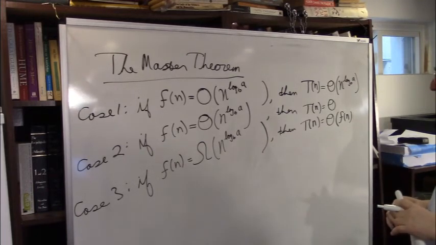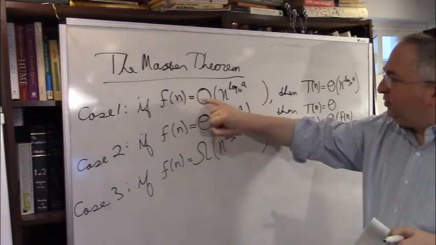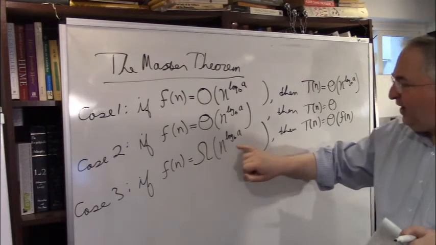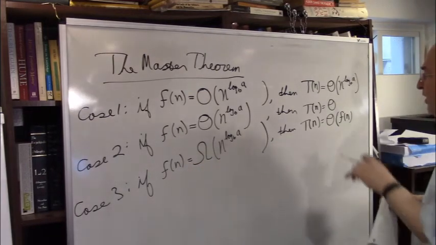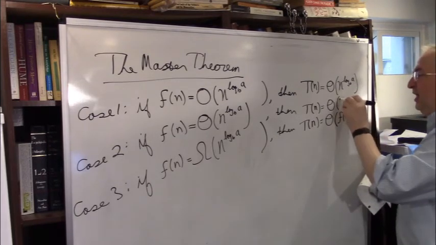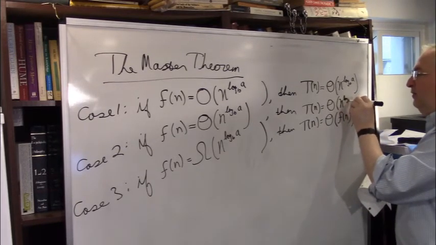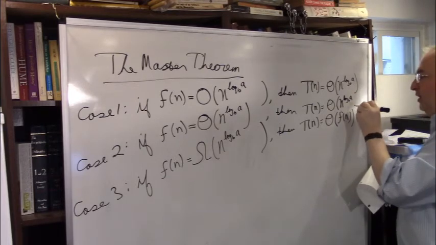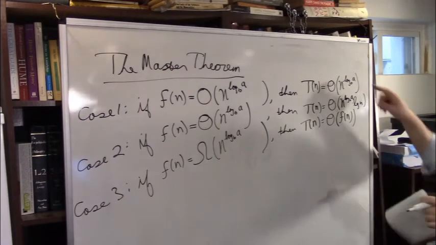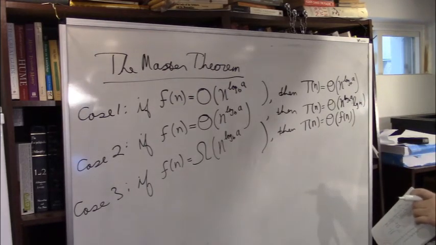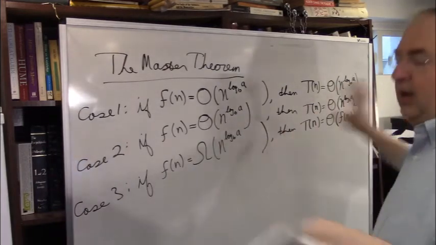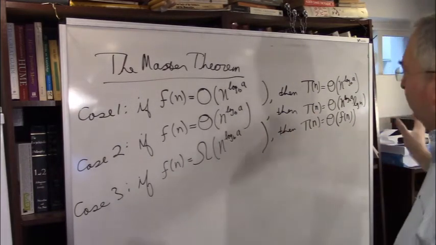This grows slower than this, so we take the faster thing. This grows faster than this, so we take the faster thing. And in this case, it's n to the log base b of a times log of n, a little bit faster than this times that. Okay, good.